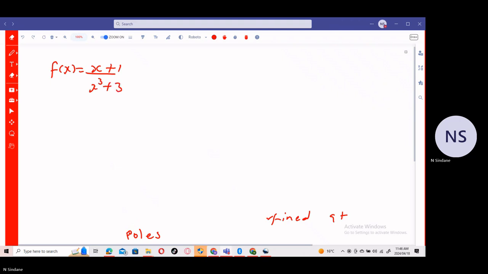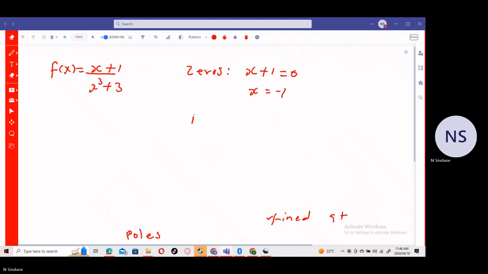For my zeros, the numerator x plus 1 should equal 0, so x equals negative 1.